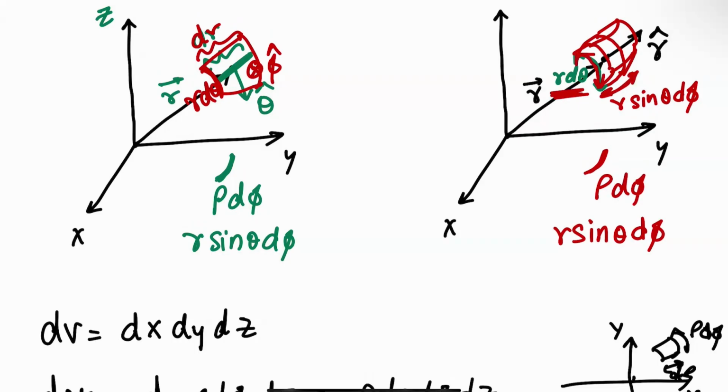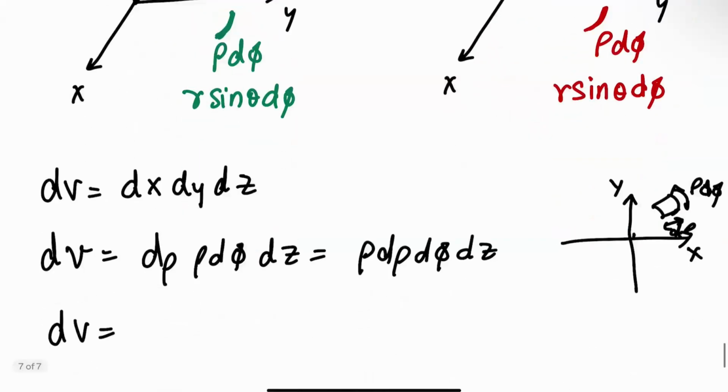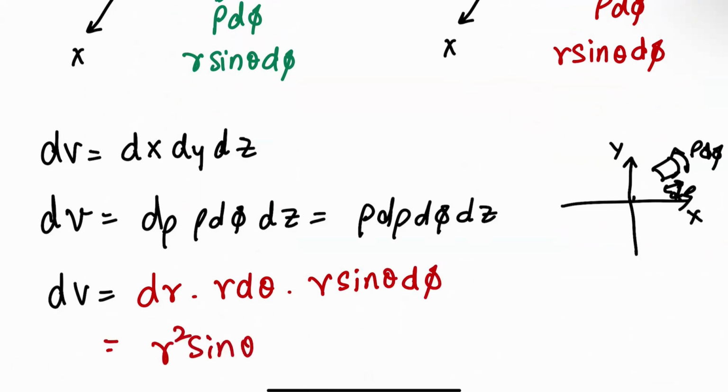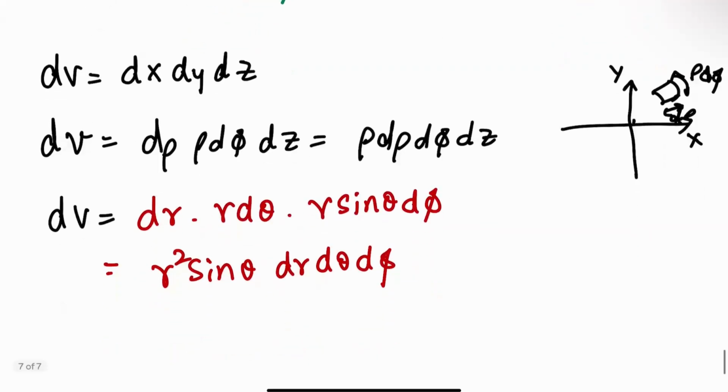The other component is this, which is r sine theta d phi. The last component is along the radius, so it's dr. So you get dr times r d theta times r sine theta d phi. And that's nothing but r square sine theta dr d theta d phi. Okay, so that's about it when it comes to coordinates.